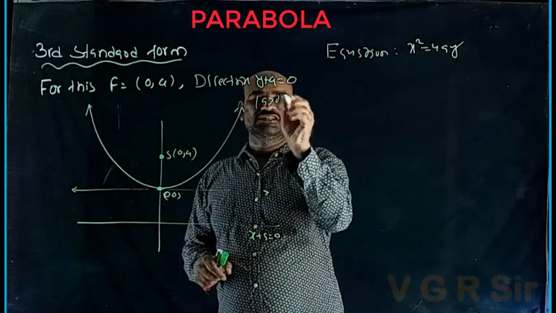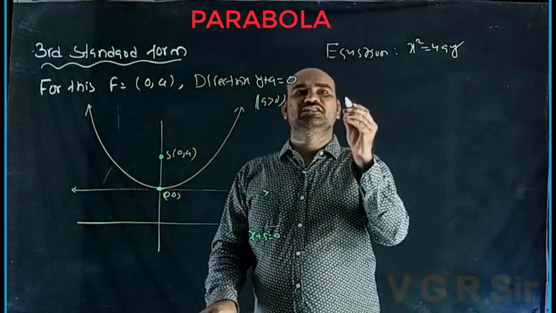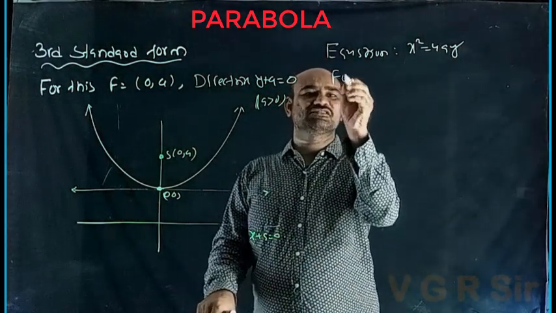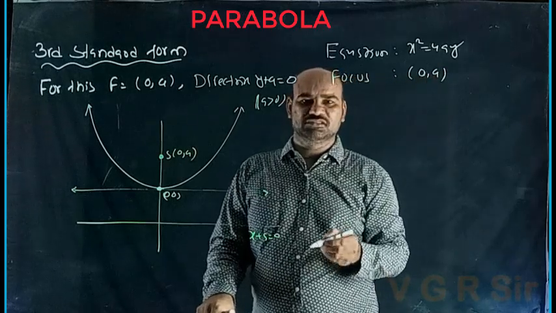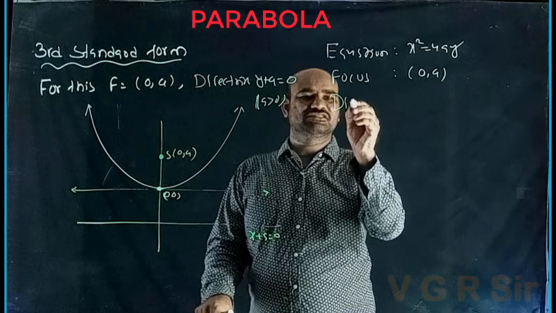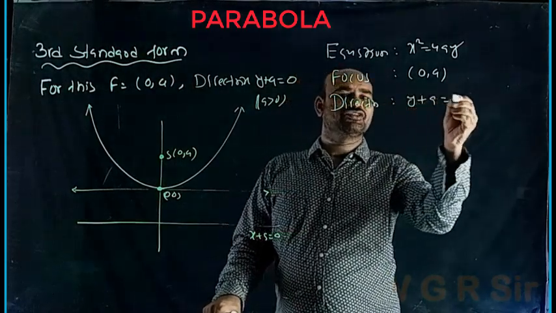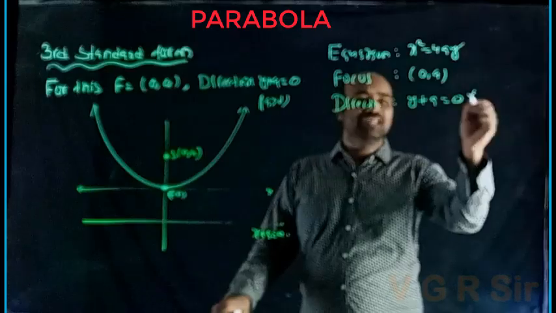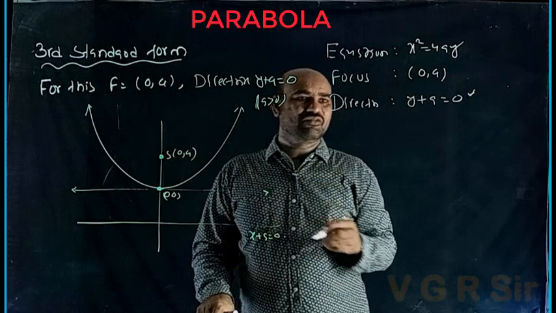Okay. Yeah, what next? Focus 0 comma a. Directrix y plus a equal to 0. Here only can conclude that the equation of latus rectum should be y minus a equal to 0. Okay.